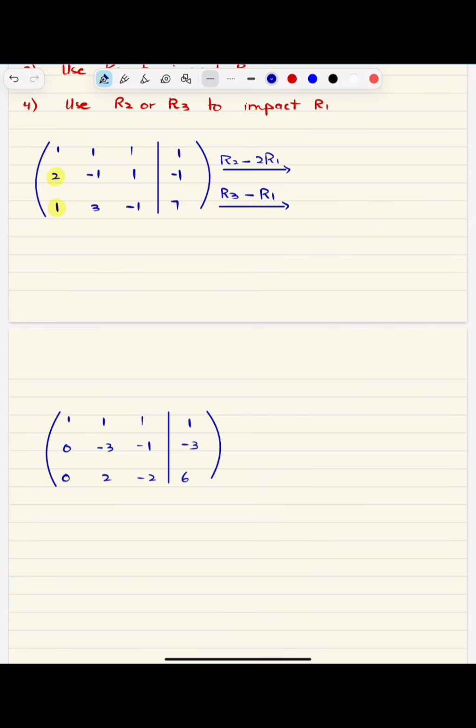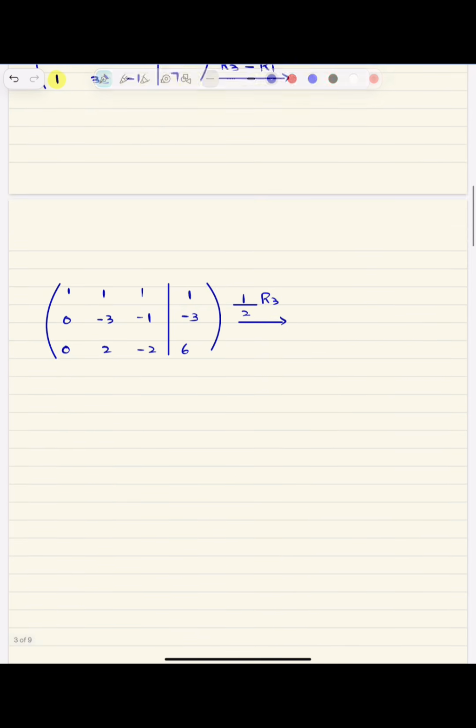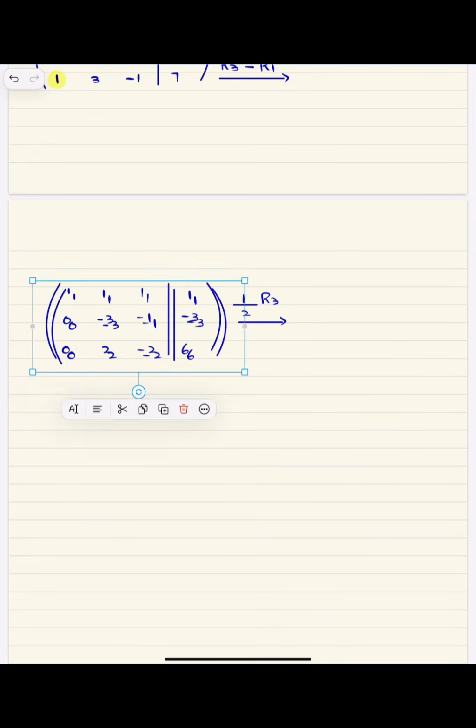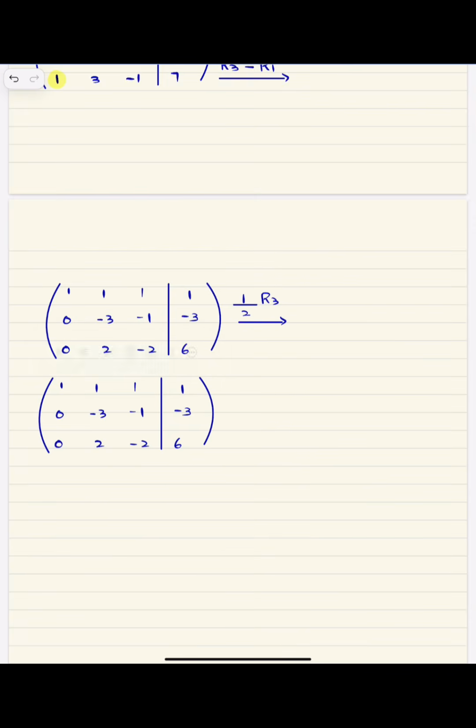It's a 6. Okay. Let's multiply row 3 by a half so that I can get a 1 over here, because it'll be easier for me to make that into a 0 when we have a 1. Okay, so 2 ones are 2, 2 ones are 2, 2 threes are 6.